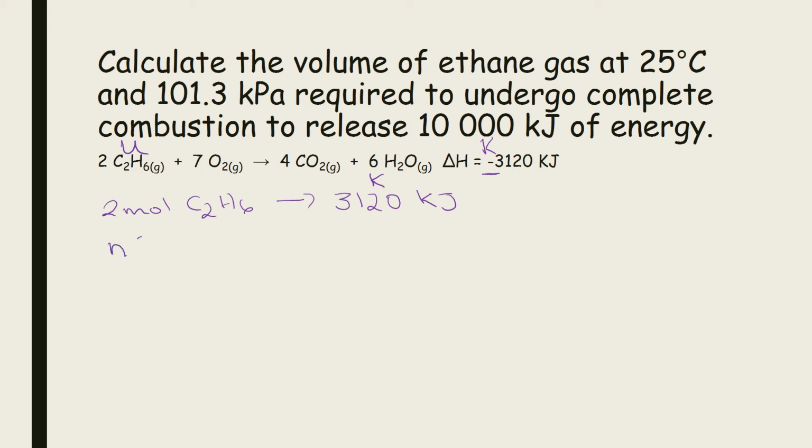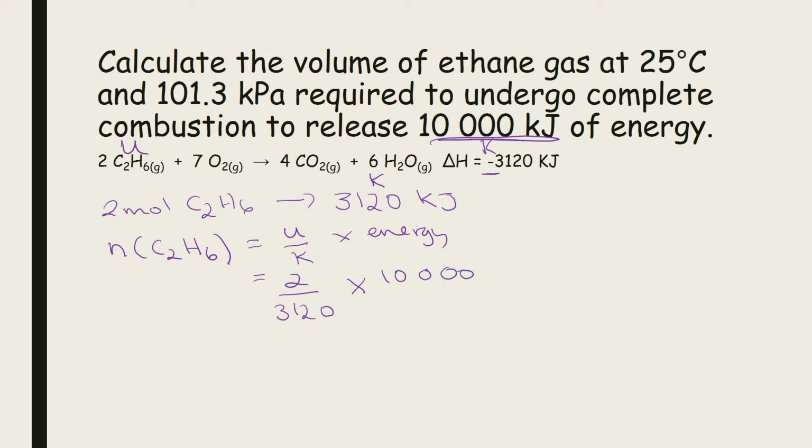The moles of ethane will equal our unknown over our known, but in this case what we know is the energy, which was 10,000 kilojoules. So our unknown is 2, our known is 3,120 times by 10,000, and this will come out to 6.41 moles.